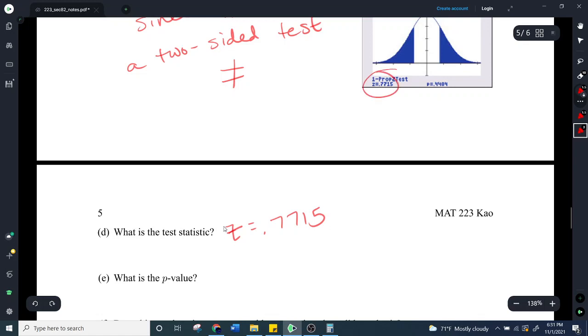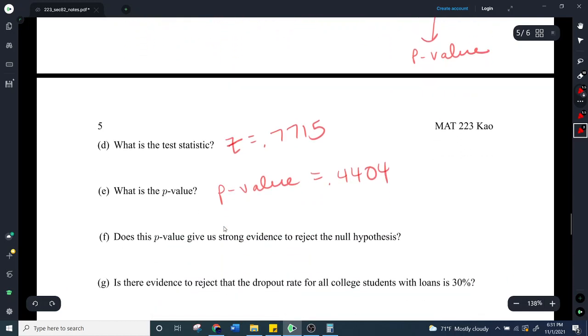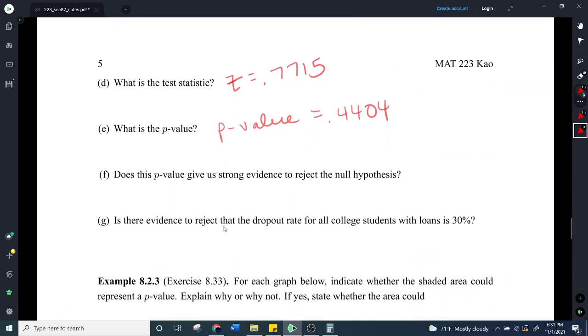And the other thing, and this is a little confusing, I know there's a lot of p's floating around, but when you see a screenshot like this from StatCrunch or from a graphing calculator, this p right here is your p-value. That p that they're computing is the area of these two tails. So our p-value in this particular example is 0.4404. Does this p-value give us strong evidence to reject the null hypothesis?